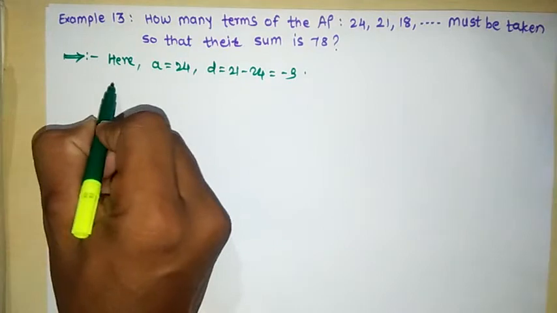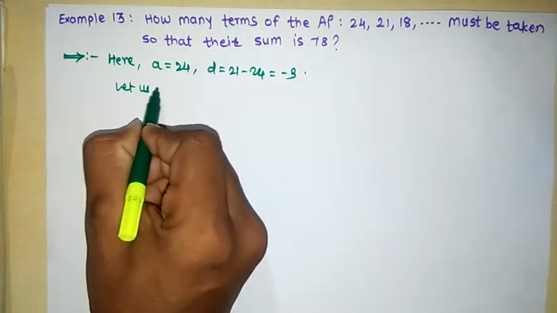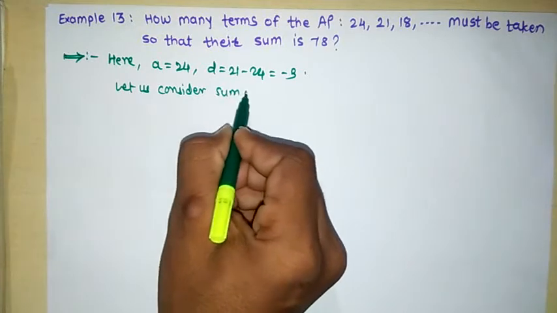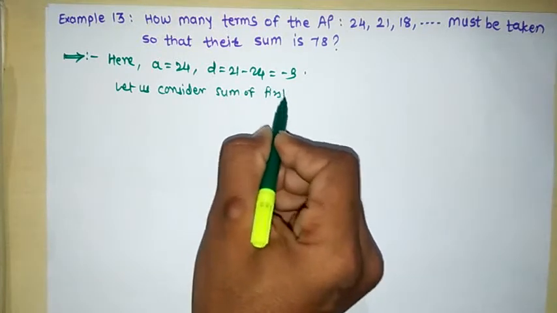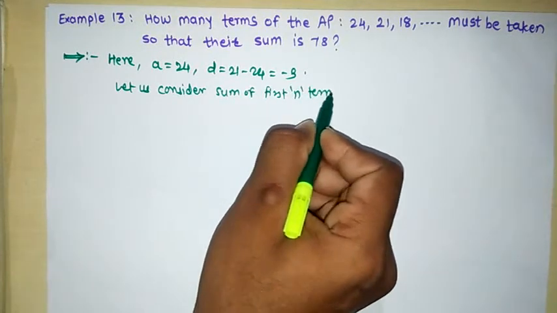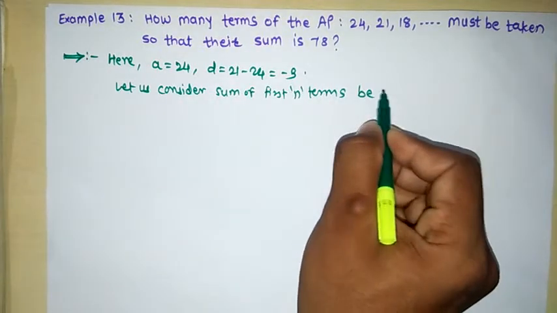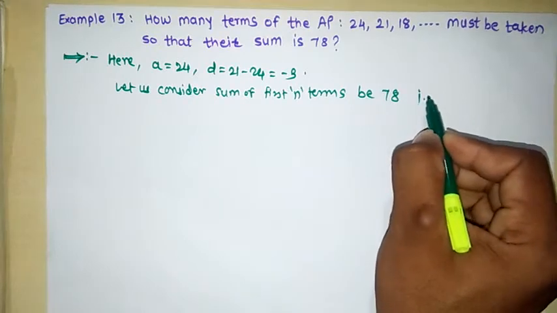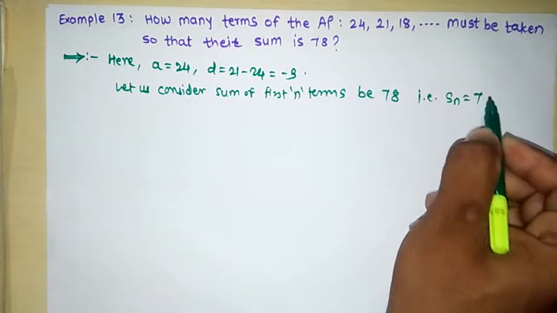Let us consider the sum of the first n terms to be 78. That is, Sn is equal to 78.